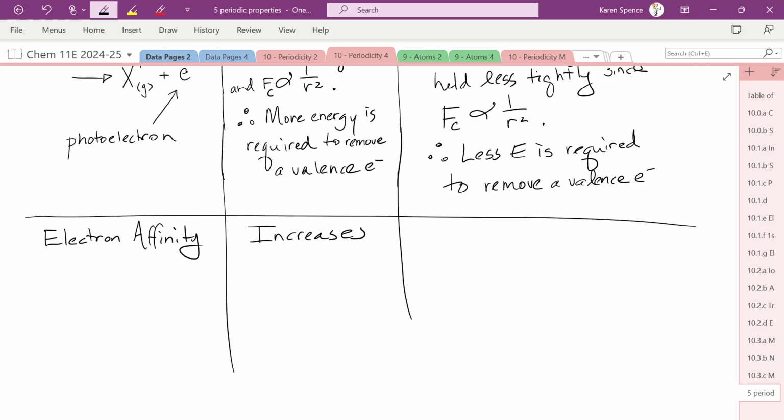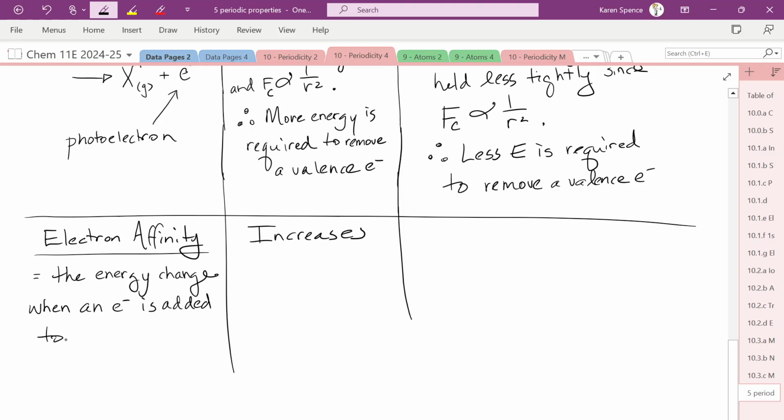So it's the opposite of ionization. Electron affinity is the energy change when an electron is added to a gaseous neutral atom.